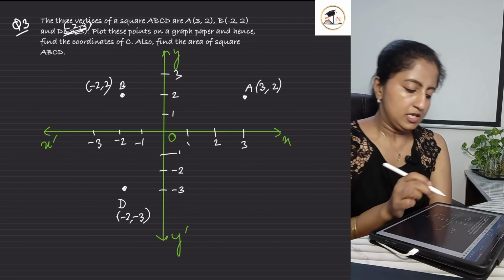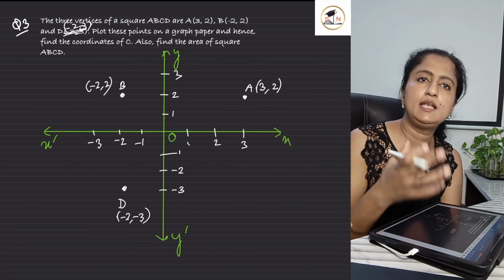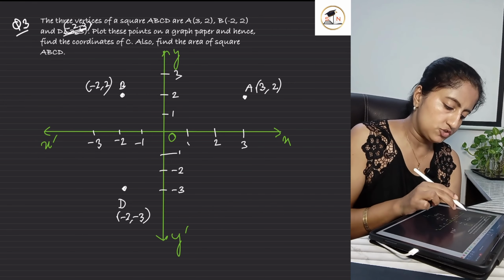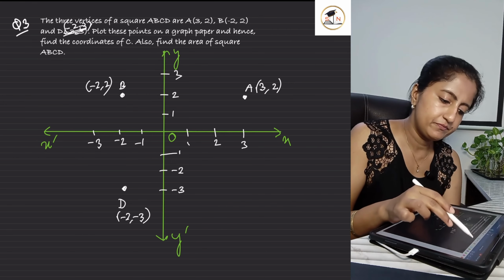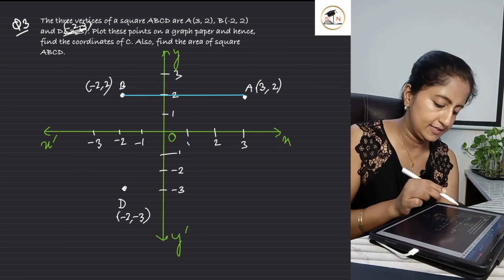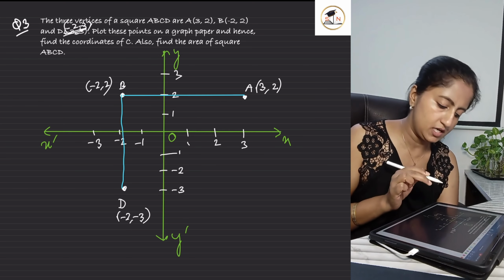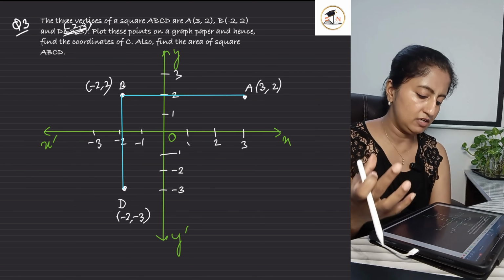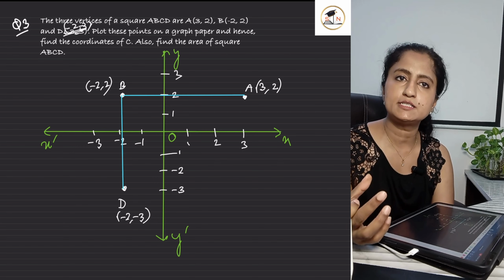Now, it's a square. That means the length and the width, they are supposed to be same, right? So if we join them like this, over here like that, then we can see the length and the width, they all are coming for 5 units, right?